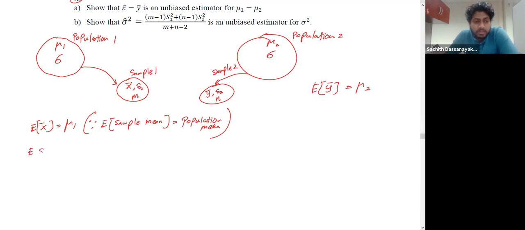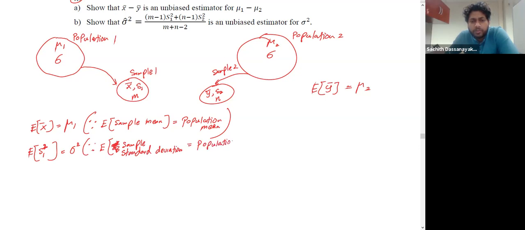So what about variance? The expected value of S1 squared equals sigma squared. In general, the expected value of the sample variance equals the population variance.